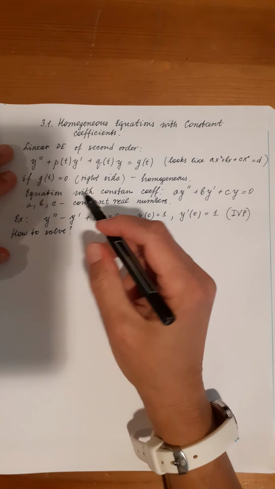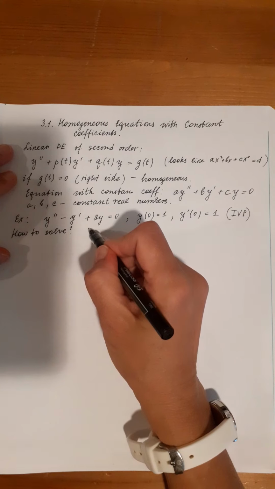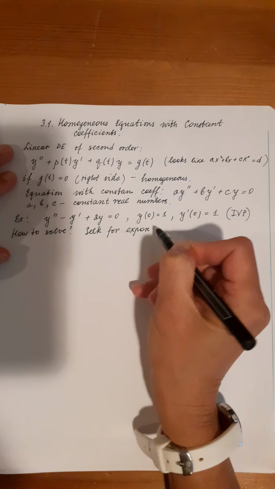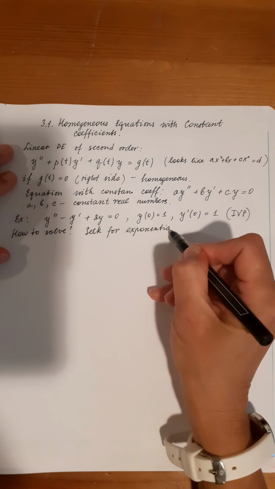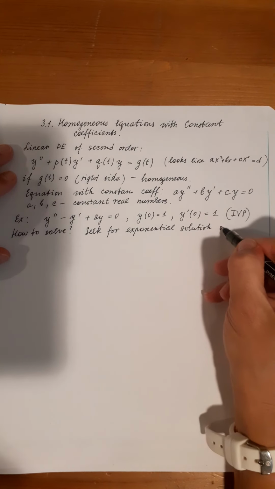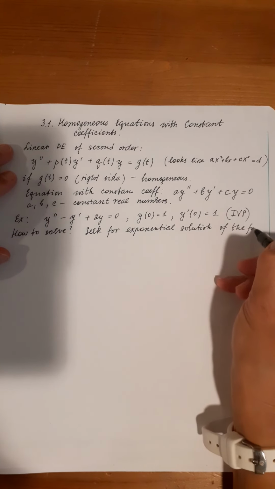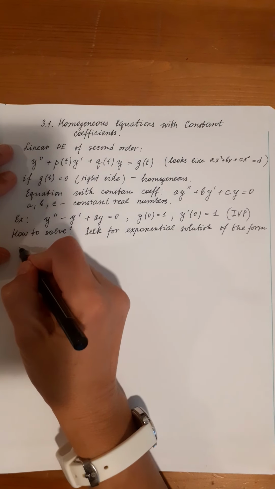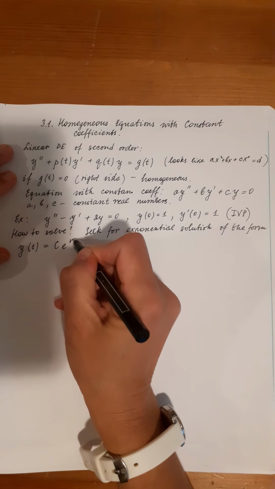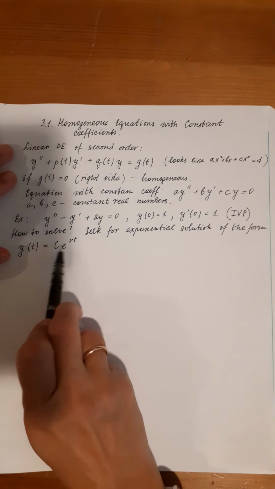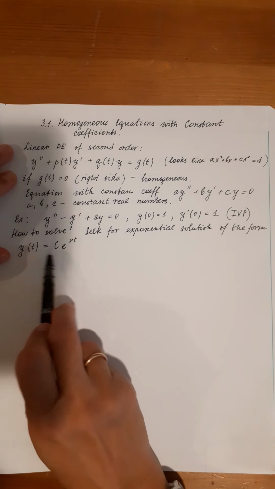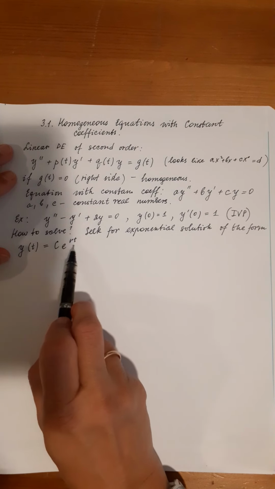Well, we are going to look for an exponential solution of the form y of t equals c e to the power of rt. C and r are undetermined constants, and we are going to look for a solution in this form, and eventually we are going to determine these constants, of course.